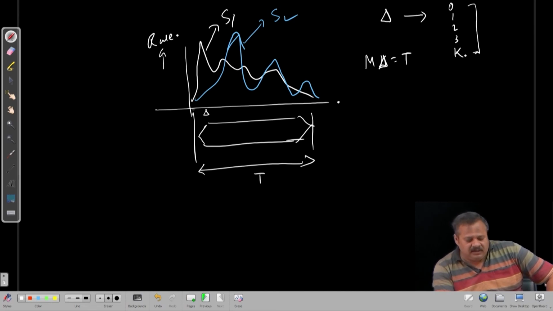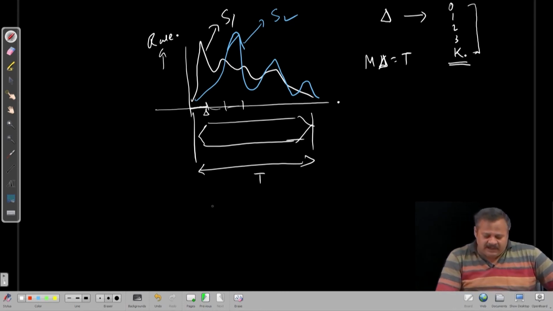Now, we are considering larger bins. From our many repeated trials of stimulus S1 and stimulus S2, we now find out what is the probability of observing 0 spikes in bin 1 for stimulus S1 and similarly for stimulus S2. Next, what is the probability of observing 1 spike in bin 1 and similarly for S2, and go up to what is the probability of observing k spikes.